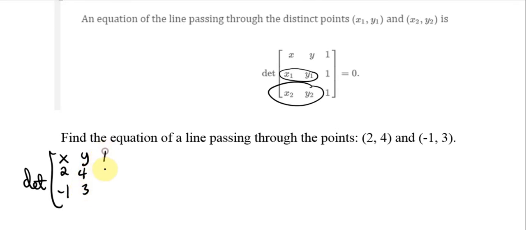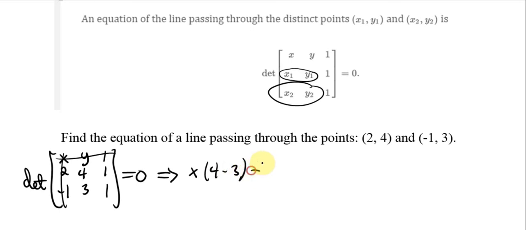And then 1, 1, 1. Set that equal to 0. Okay. So I'm going to expand along the first row. So this is x times delete its row and column. So I have left 4 minus 3.